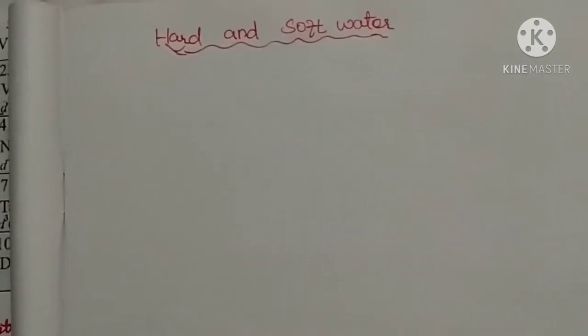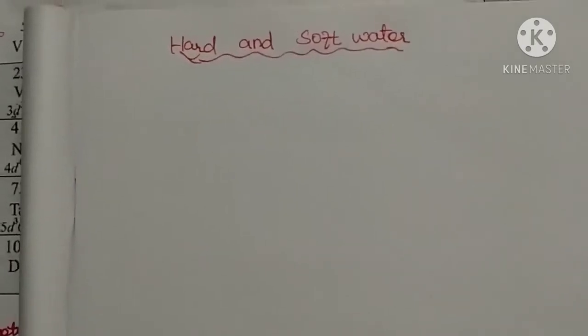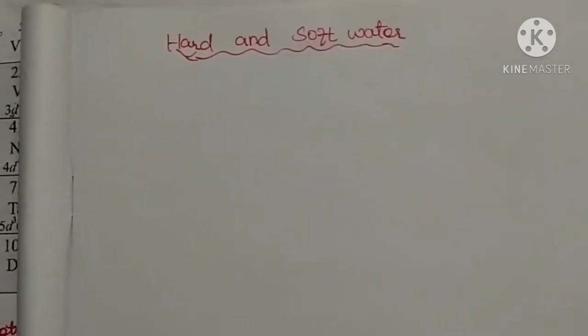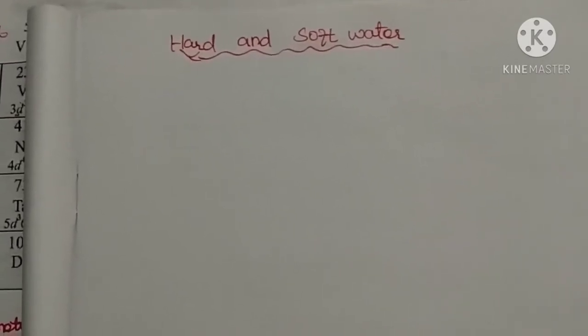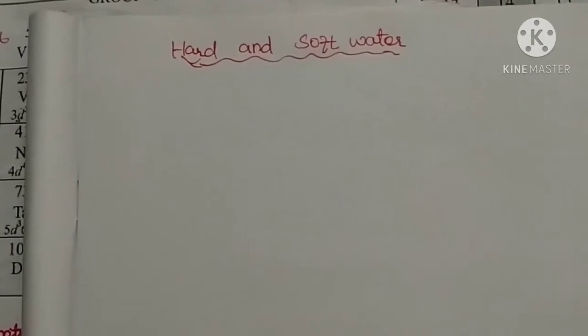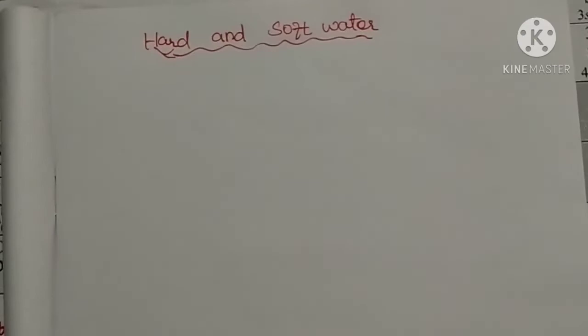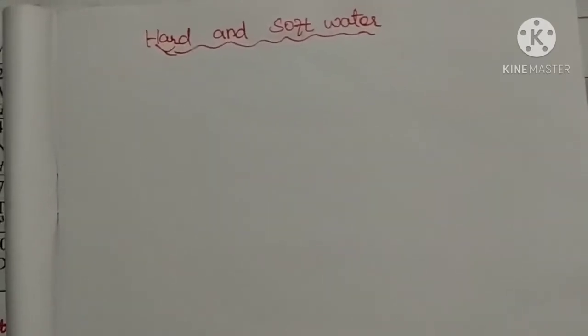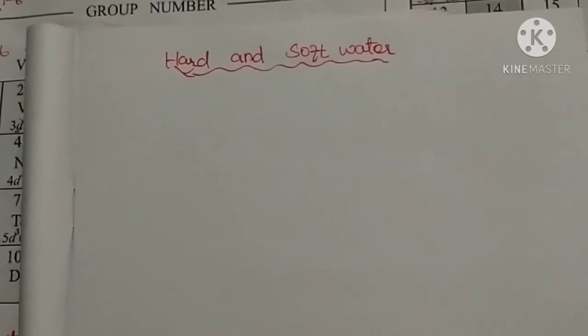That means it contains some cations which are soluble in that particular water. So the soluble salt of cations in water is generally known as hard water, or the hard character of water. What are the mineral ions dissolved in the water?